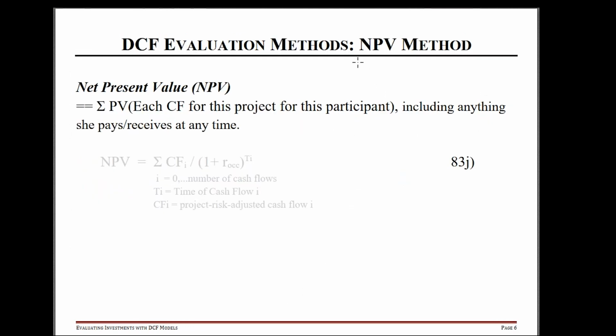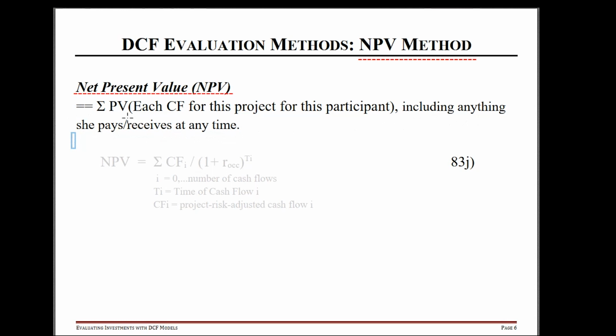So we're going to walk through our 3 methods here. Let's start with the NPV method. And to do that, we need to have our definition of net present value. Net present value is just the sum of the individually present valued cash flows for this project for this participant, including every stinking cash flow, anything paid or received at any time.